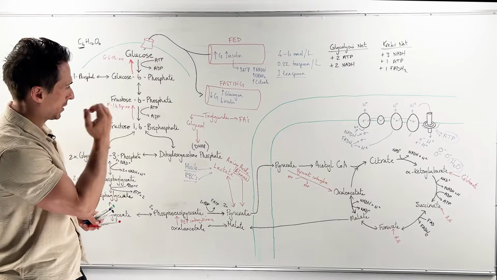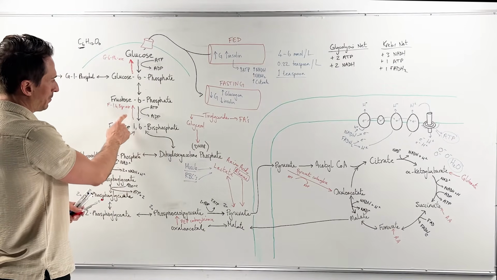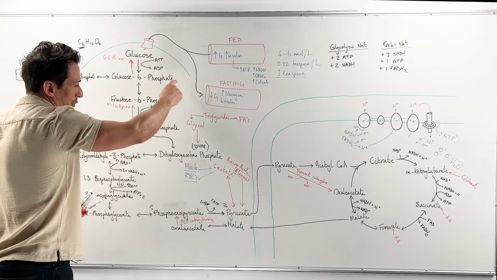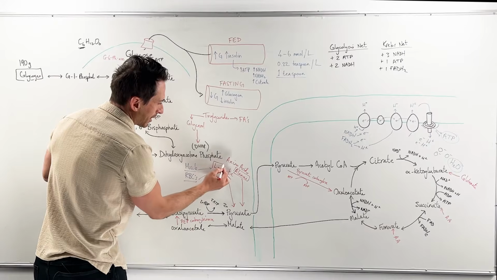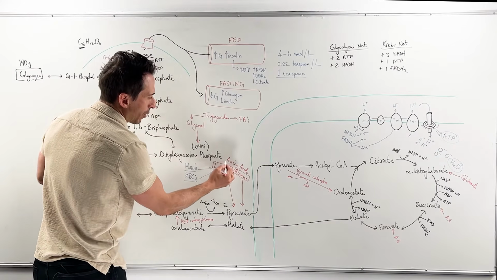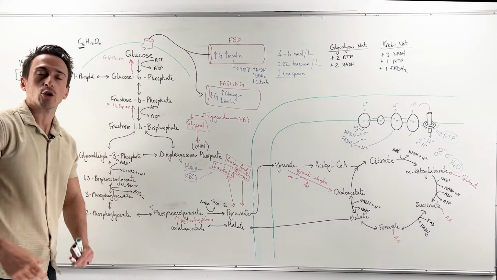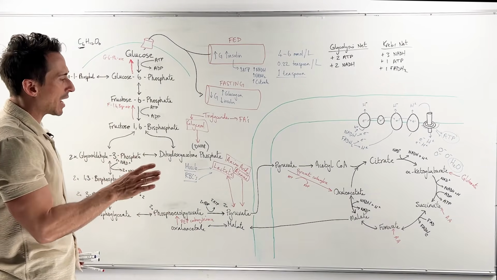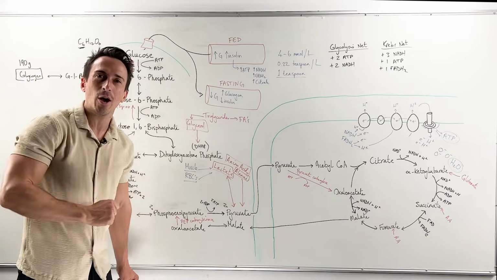Now, what does that mean? Dihydroxyacetone phosphate can go back, yep, glucose. Glycerol can turn into glucose. So not only is lactate a source and amino acids a source, but glycerol is a source for gluconeogenesis. These are the three major gluconeogenic sources: glycerol, lactate, and amino acids.